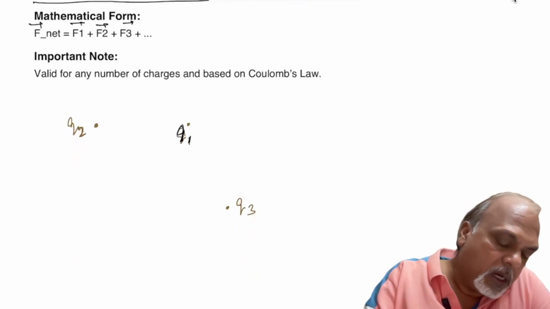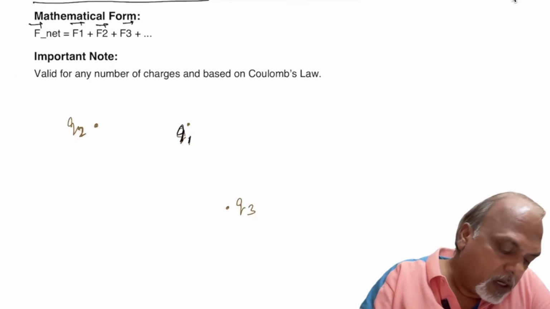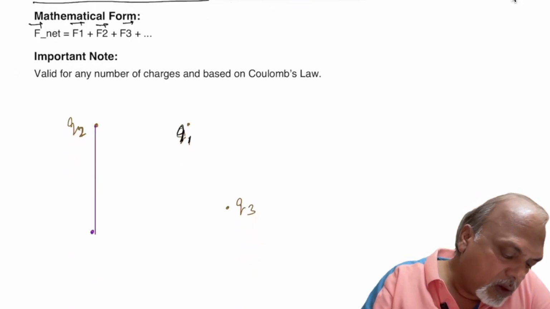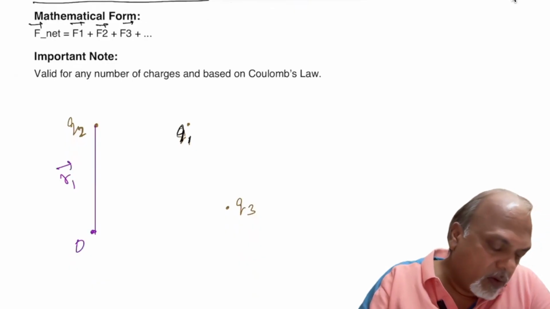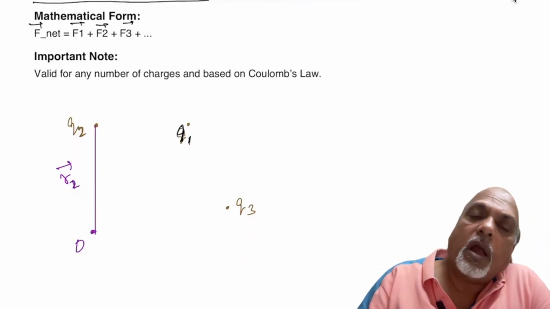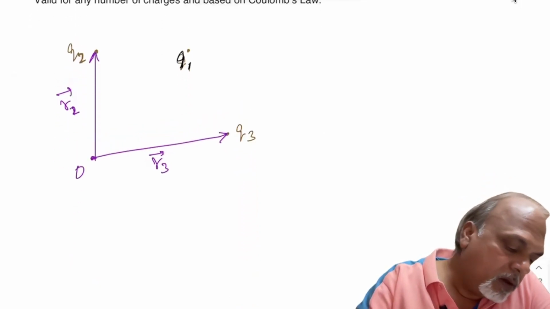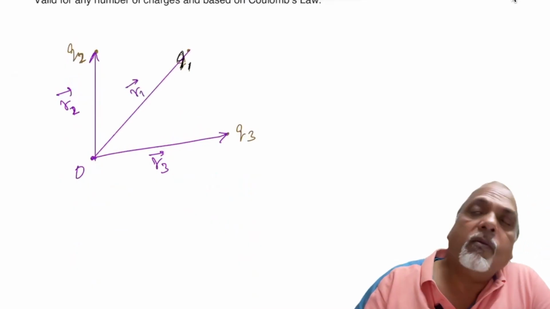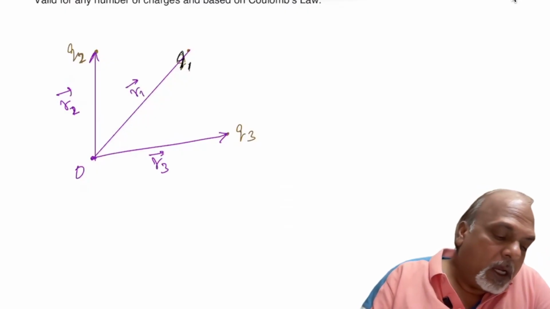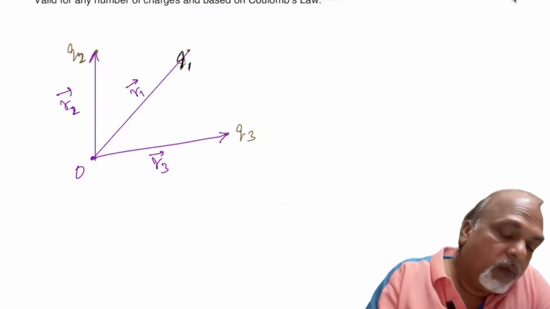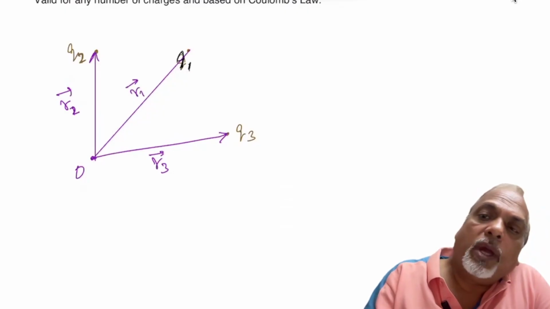Suppose we calculate like this, suppose you have, let us see, this is your origin, this is the position vector of Q2, this is the position vector of Q3, and this is the position vector of R1. We have to find out the force on Q1 due to Q2 and Q3.